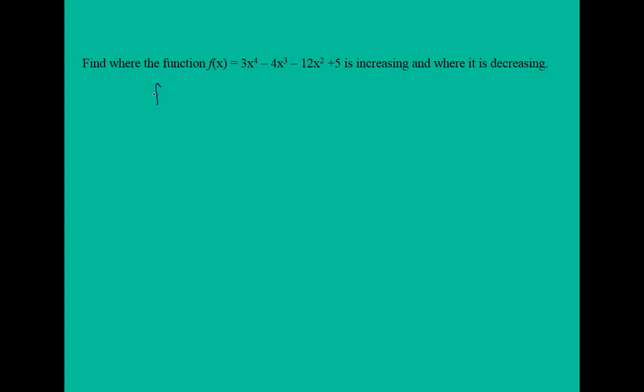So f prime of x equals 12x cubed minus 12x squared minus 24x. And we said we're going to set the derivative equal to 0. Let's factor out a 12x. So we'd have x squared minus x minus 2. Let's see if this is factorable.